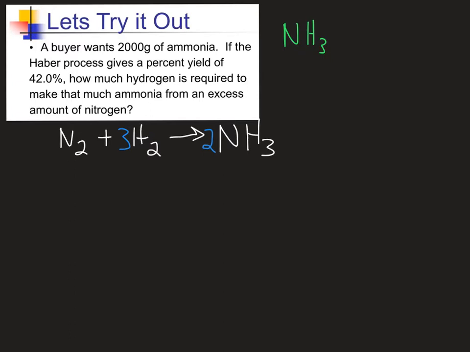We will also need the formula mass for nitrogen, but because it's diatomic, it should be a lot easier to calculate. Saying 2 times 14.01 should be a lot easier, so I'm just going to have that written as is.